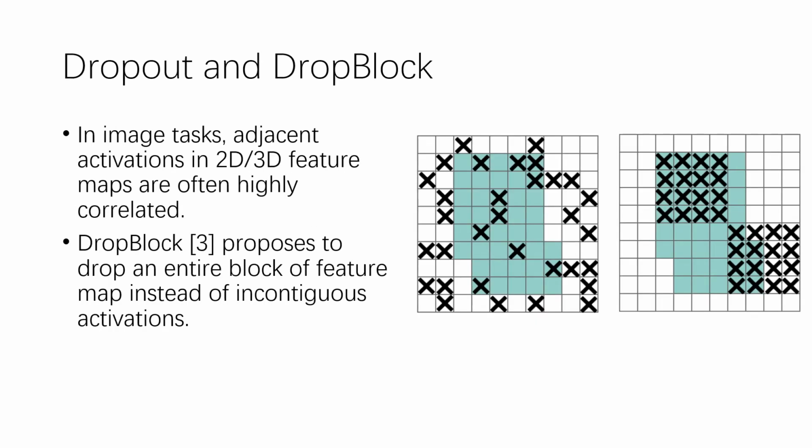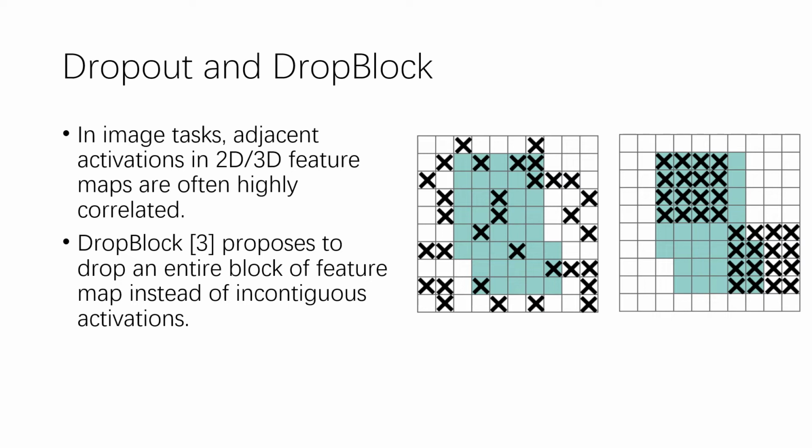Next, we're going to talk about some limitations of dropout and how we deal with them. In image tasks, adjacent features are often highly correlated. What does that mean? As we all know, pixels usually share similar features with their neighbors.